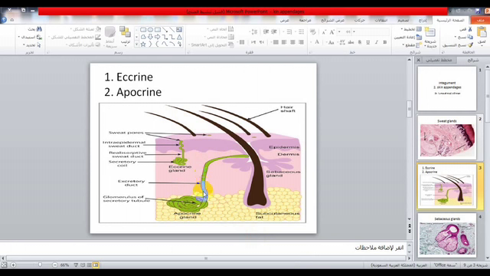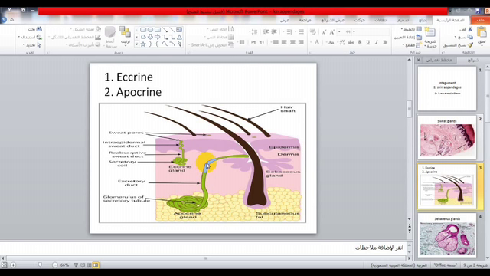The ductal part is continuous with the secretory portion. It's narrow and passes through the dermis on its way to the epidermal surface.